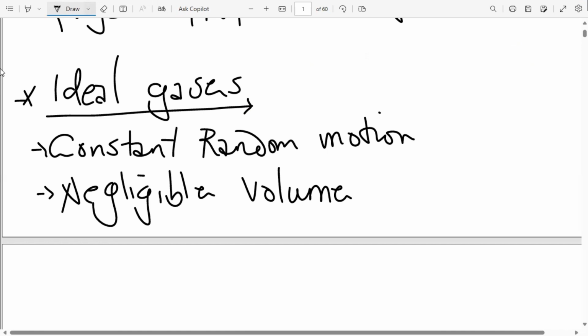So we say gas molecules have negligible volume when you compare them singly to the volume of the container that they're occupying.